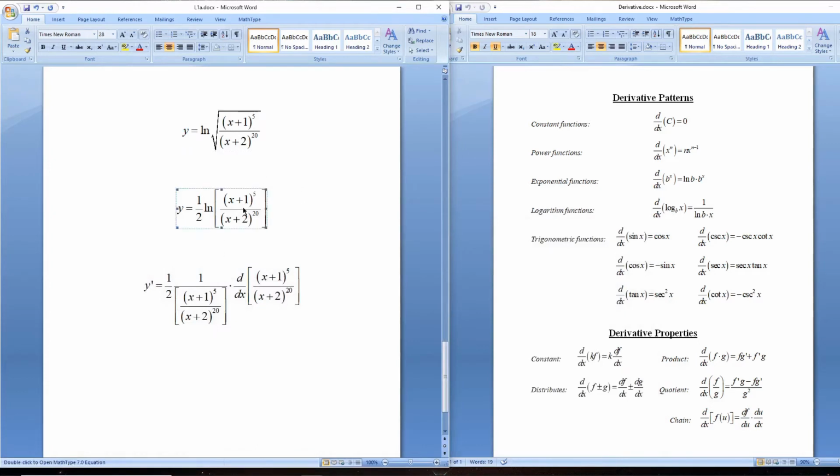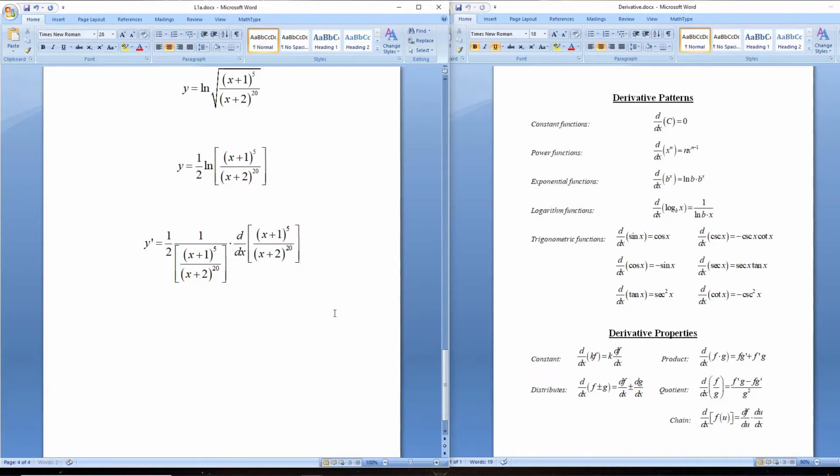So again, the first step here was just to bring the half down, use some log properties. And a second step then is actually doing the derivative. So we have our constant, which just will remain out front there. Then the first function we encounter is log. The derivative of a log is 1 over the argument. So that was our next piece here. And then the chain rule says, okay, now multiply that by the derivative of the argument. And now we'll do that.